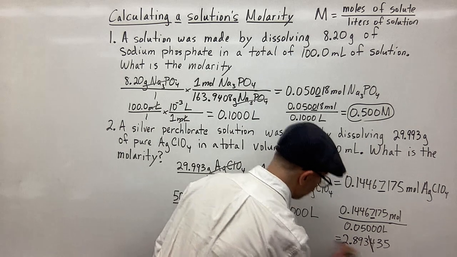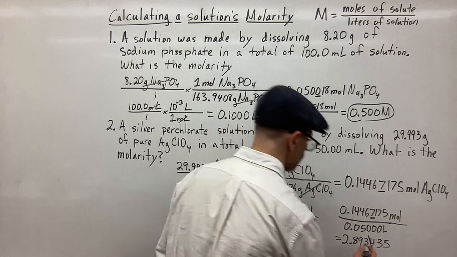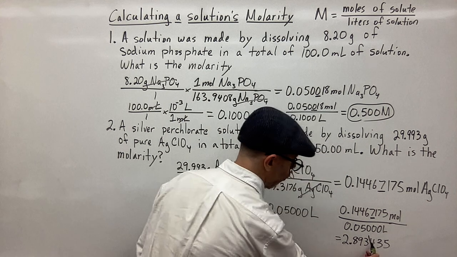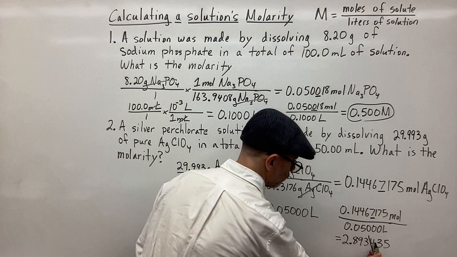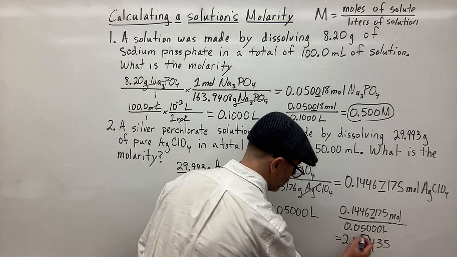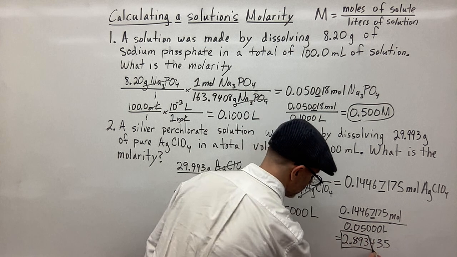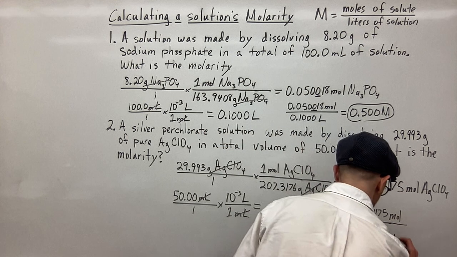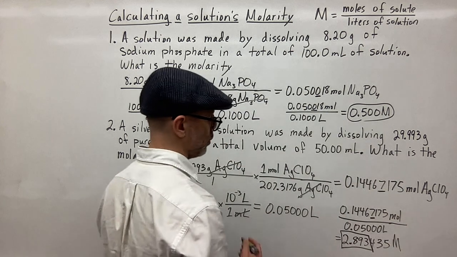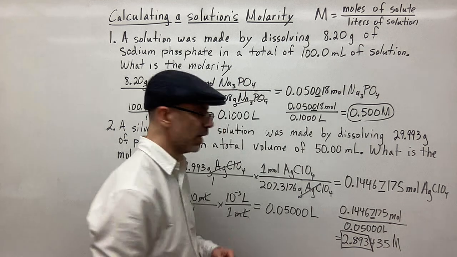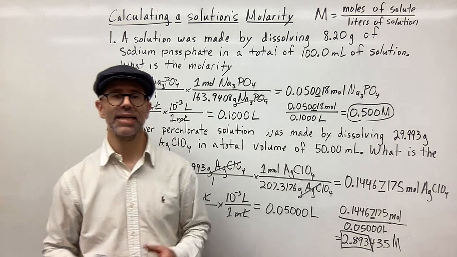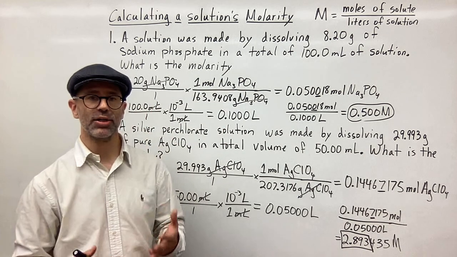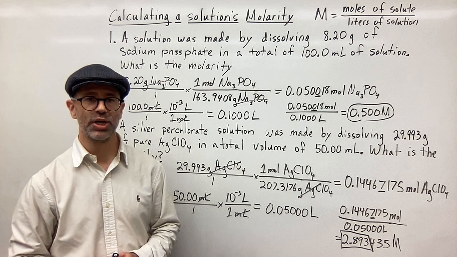We cut it off there. So this is a 3. The next number is a 4, so we keep that a 3. So the final answer is 2.893 molar with a capital M. And that, ladies and gentlemen, is how you calculate the molarity of a solution.